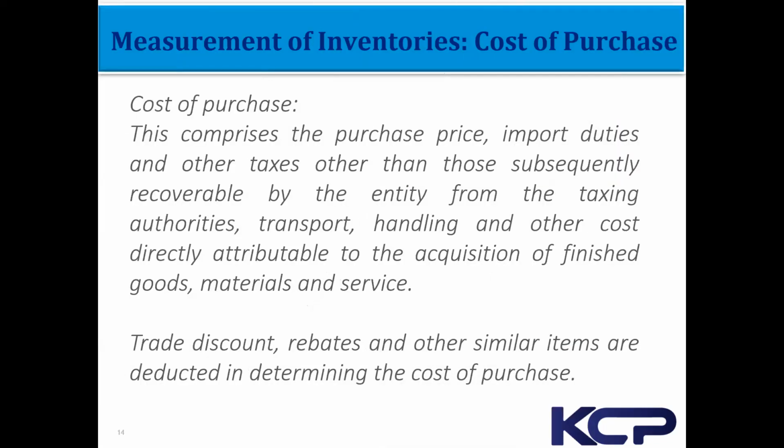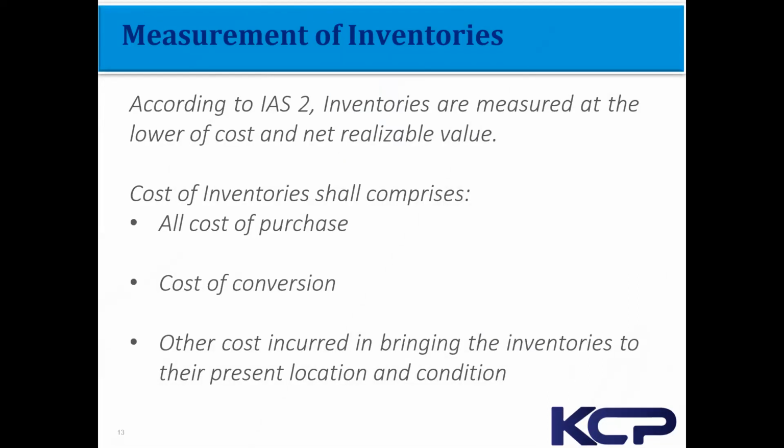So please don't misunderstand. We are still explaining what cost is. The cost of the inventories could be cost of purchases, it can be cost of conversion alongside other costs. So we pick them one after the other.